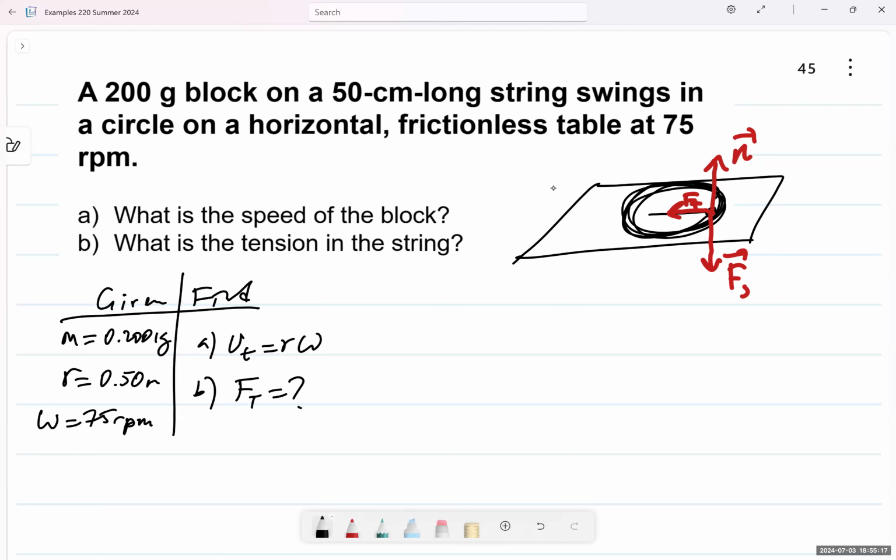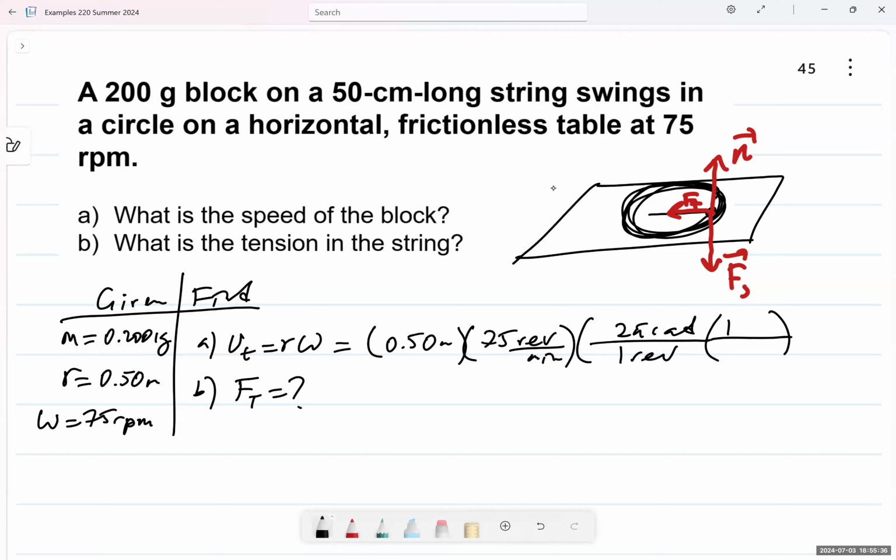All right, at this point we can see that part A is easier. It's r times omega. So it's 0.5 meters times 75 revolutions per minute, which we convert: 1 revolution is 2 pi radians, and 1 minute is 60 seconds.